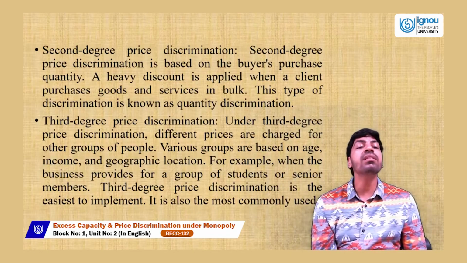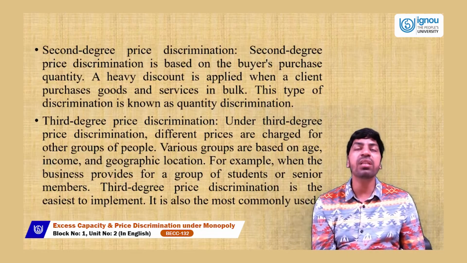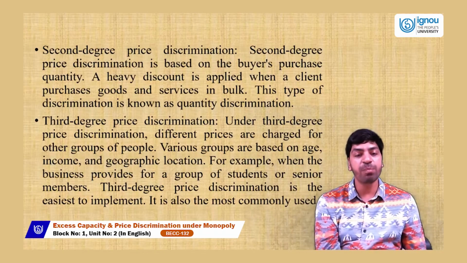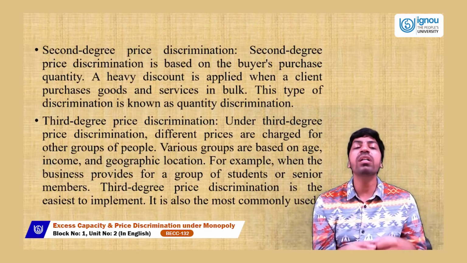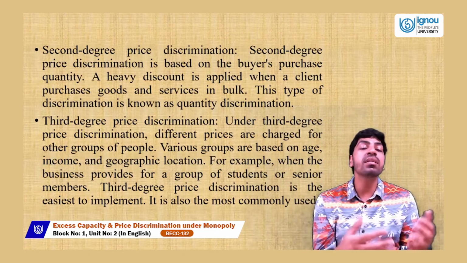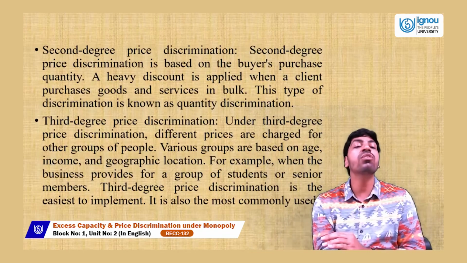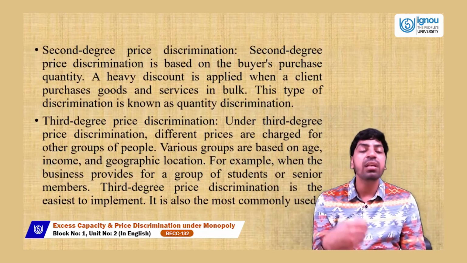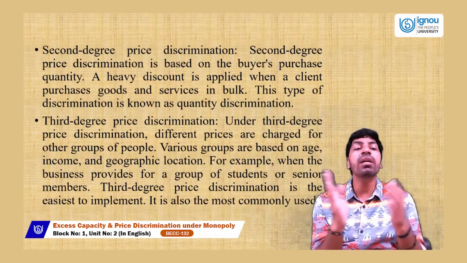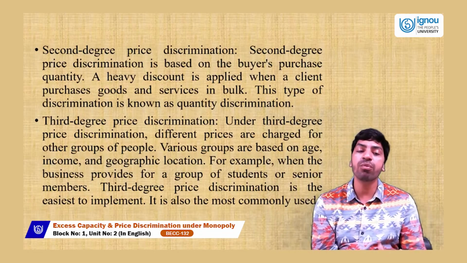The next degree is third degree price discrimination. Under this, different prices are charged to different groups of people, and businesses prefer to do this based on their age, income, and geographical location. If my age is less, then the firm will charge a price according to my age.